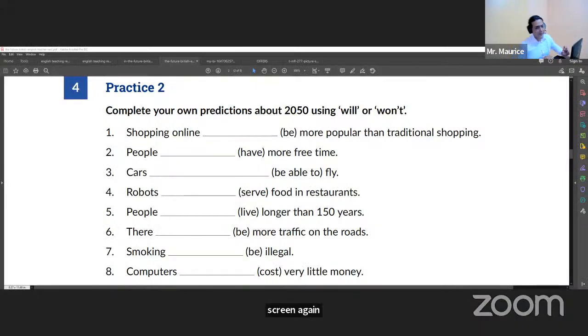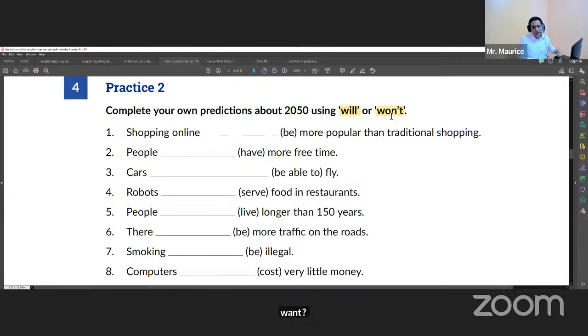Okay, so as you can see, we have 8 different exercises. 1, 2, 3, 4, 5, 6, 7, and 8. All these exercises are predictions. And I need you to complete them by using positive structure or negative structure. What is the positive? Will. What is the negative? Won't. Positive or negative?